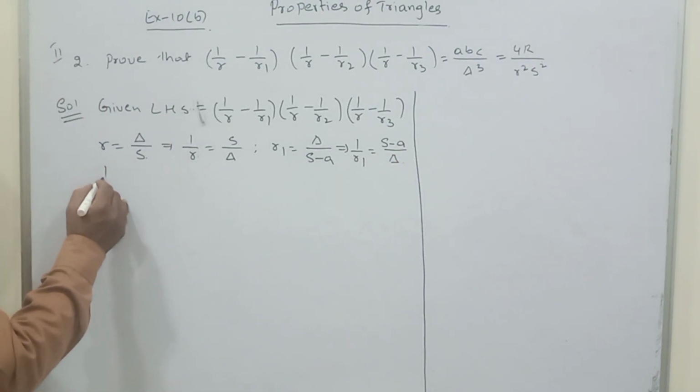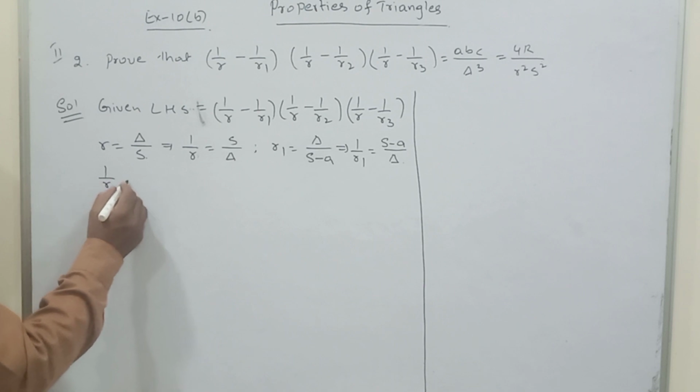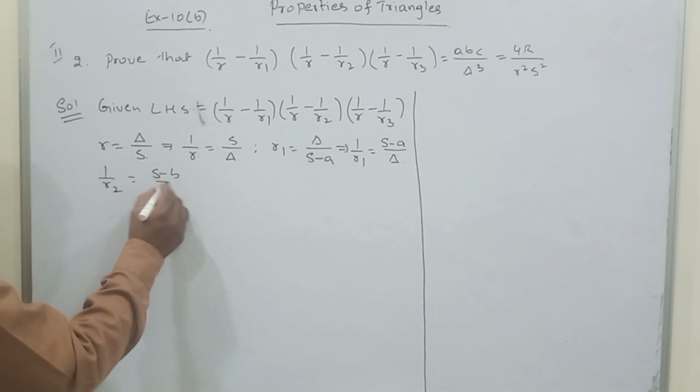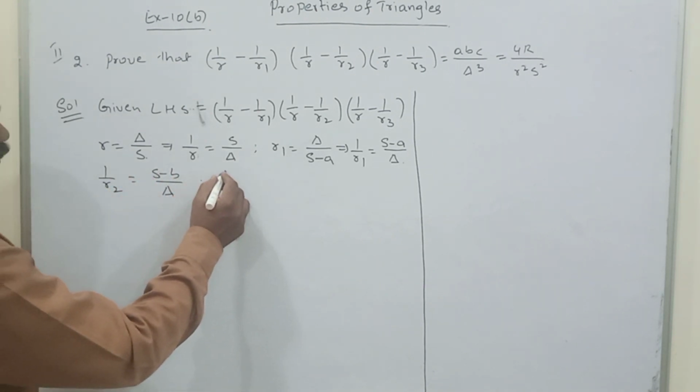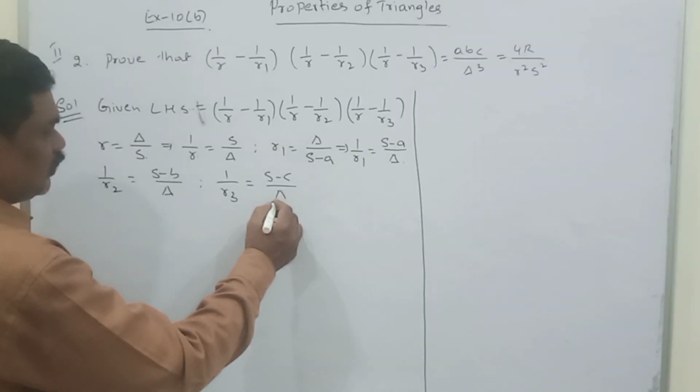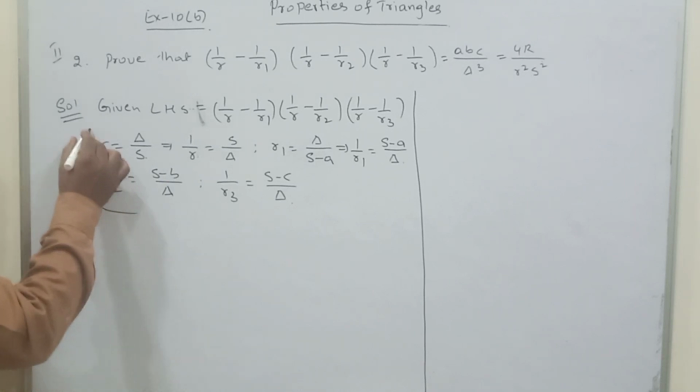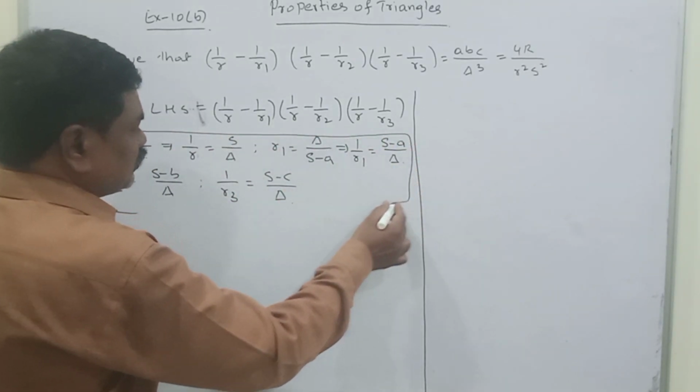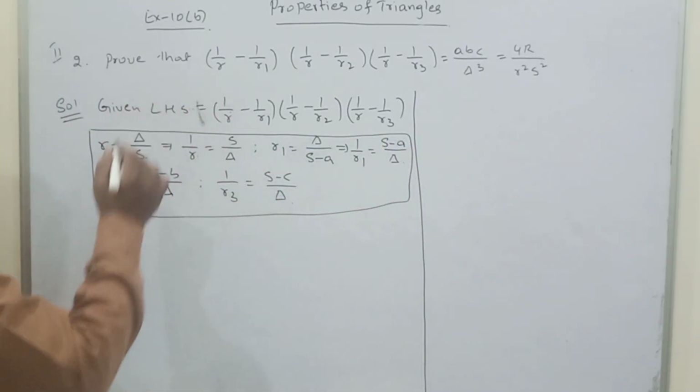Similarly, 1/r2 is equal to (s − b) by delta, and 1/r3 is equal to (s − c) by delta. You have to substitute these formulas in this.